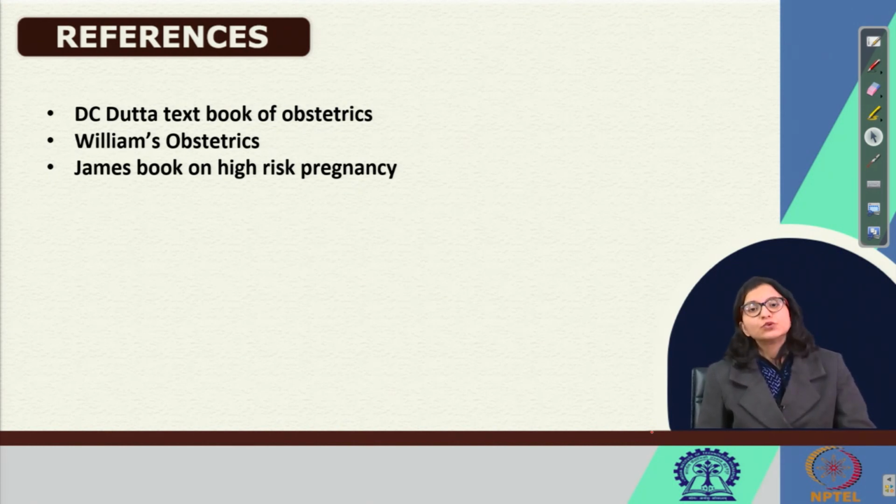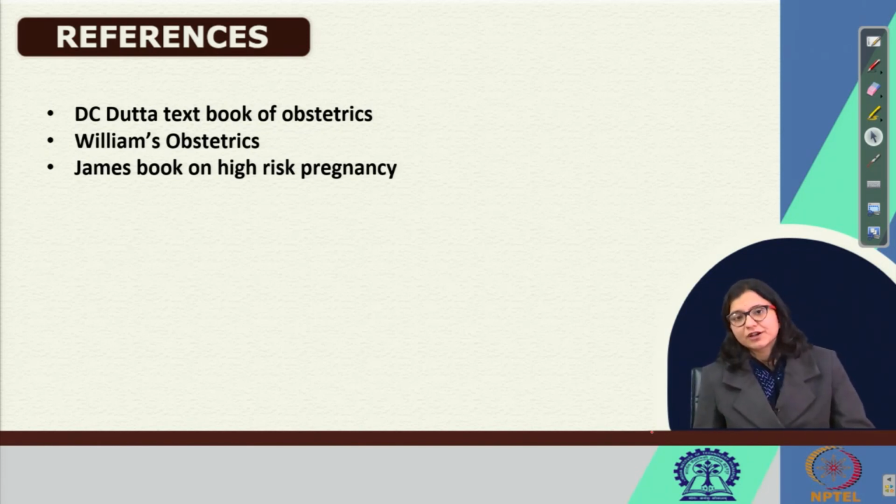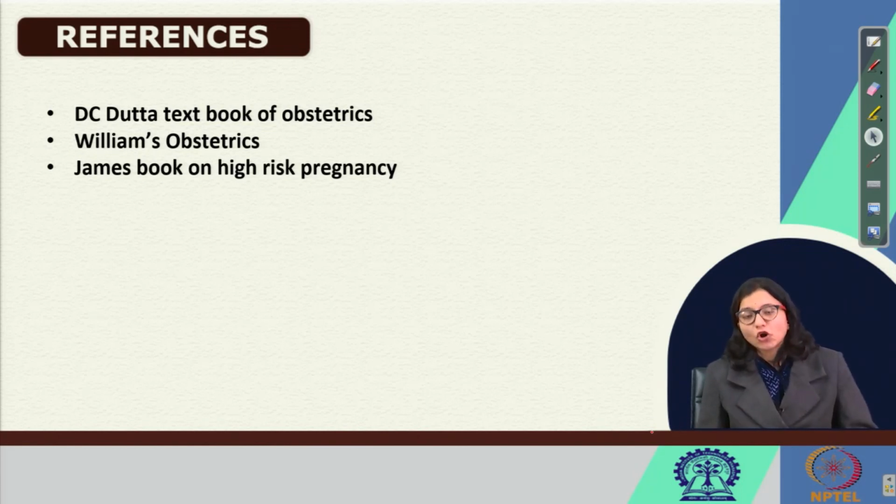So, go through these books at least once, give a reading to this chapter, because this is very important, and to go for vaginal delivery in any obstetric patient, you need to know these steps, and if in any stage there is some deviation from this normal process of labor, it is called labor dystocia or abnormal labor, and in that case intervention should be done, right.